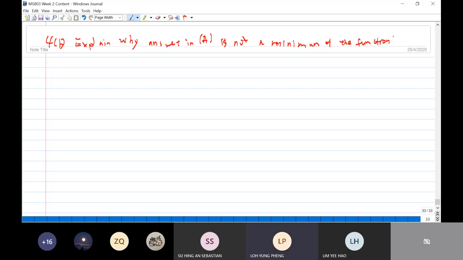Okay, explain. You can actually find the minimal, but first of all, you can see this is a function first. The function is actually 3x squared plus y squared minus 4x minus 6y plus 2, right?